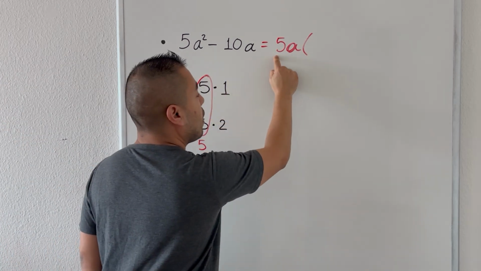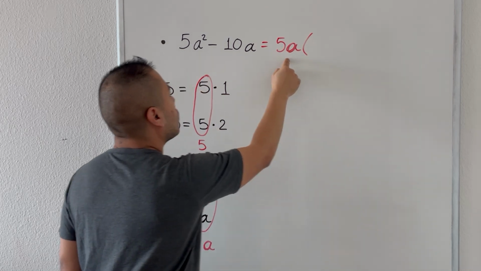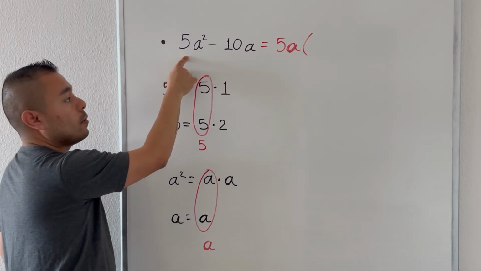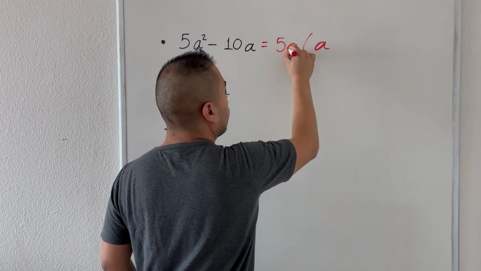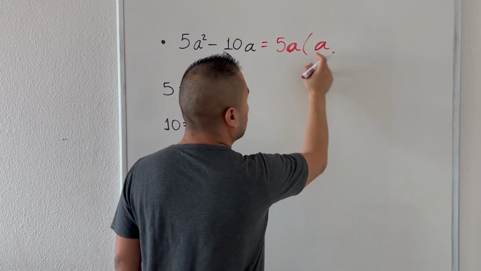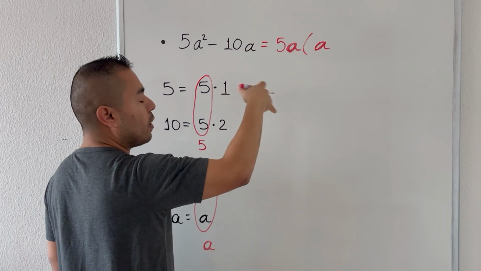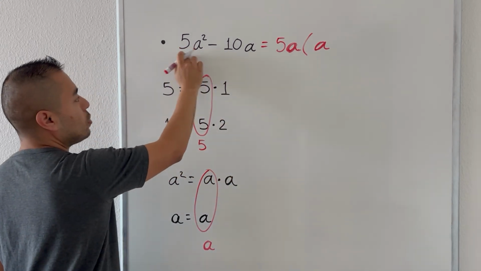In this case, we have 5a. What should I multiply this against in order to get this first term? What I will do here, I will write a. If you observe, 5a power 1 by a will be 5a power 2 by the law of exponents, right? Then this is ready. The first term is done.